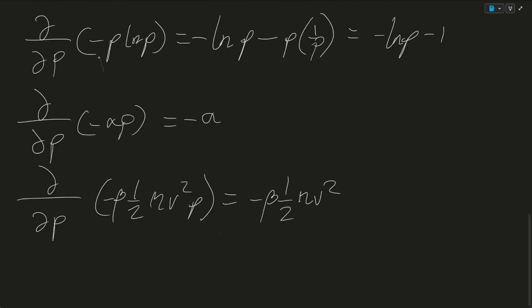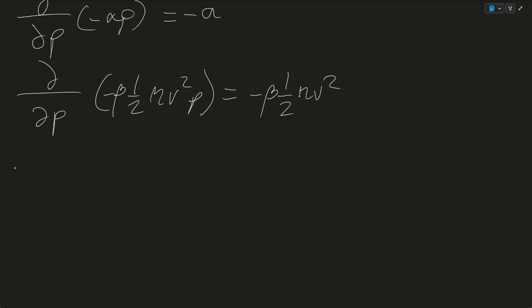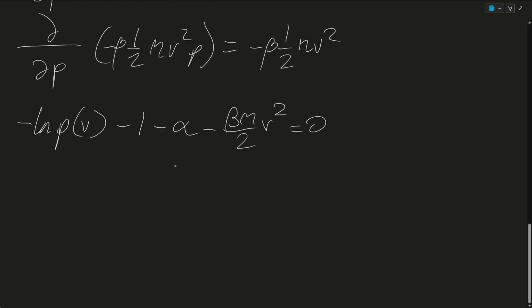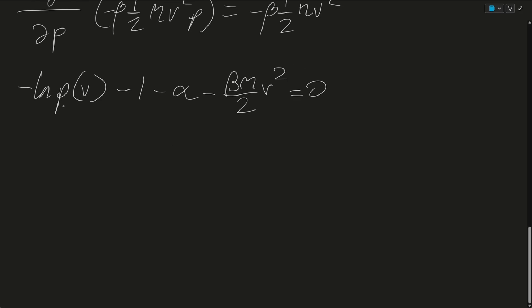And now, of course, we set the sum of these terms to be 0. So minus ln of P(v) minus 1 minus alpha minus beta, I'm going to pop these because they're all constants, m over 2 v squared is equal to 0. And what we aim to do here is solve for P(v), or rather, we arrange for ln P(v) and then exponentiate.